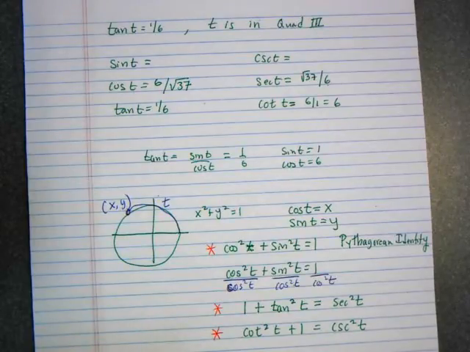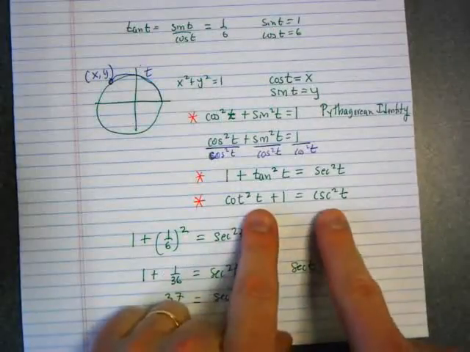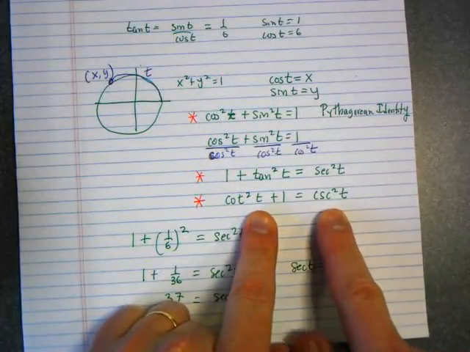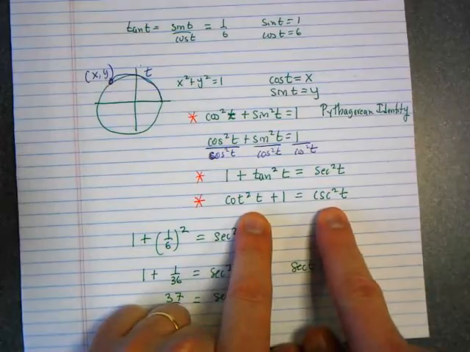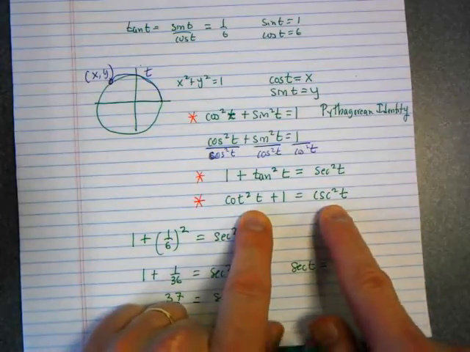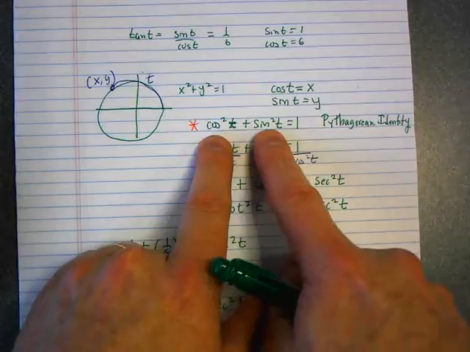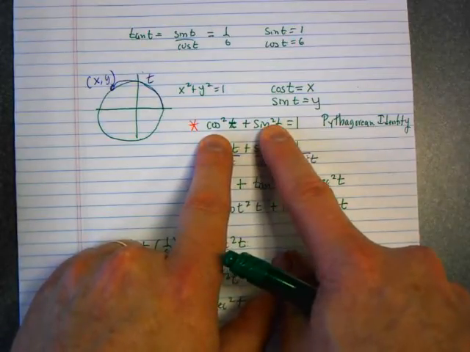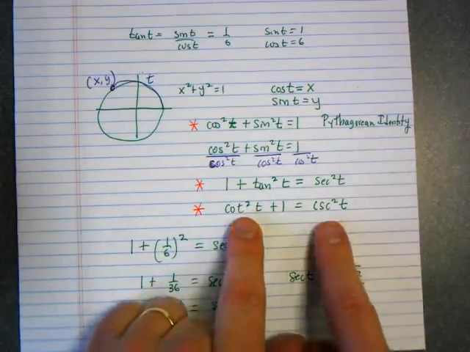Which other formula? I have two choices. Option number 1 is I could use this one. Option number 2 is now that I know cosine, I could actually use this one. If I had to pick, I would choose using this one.